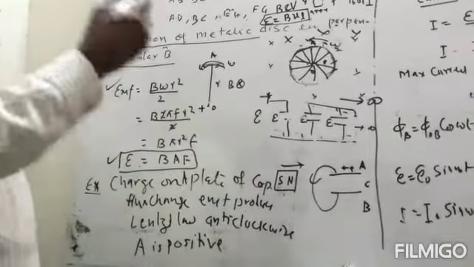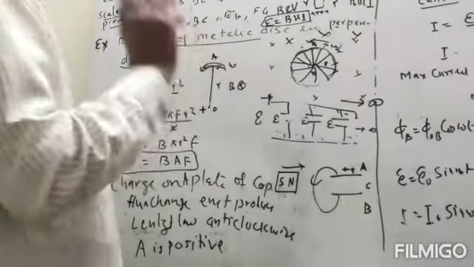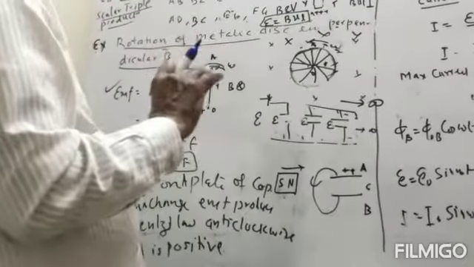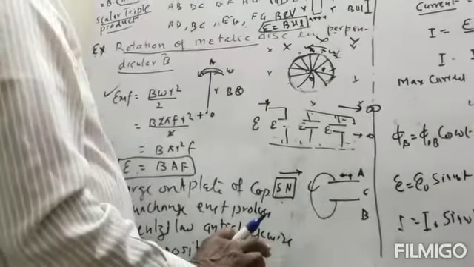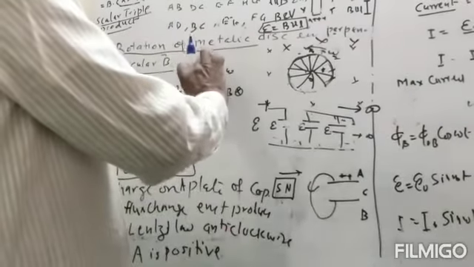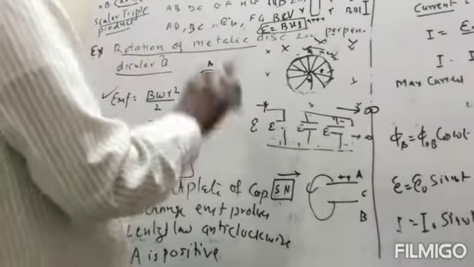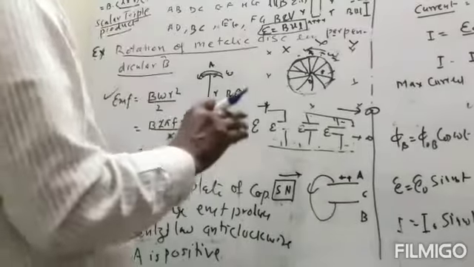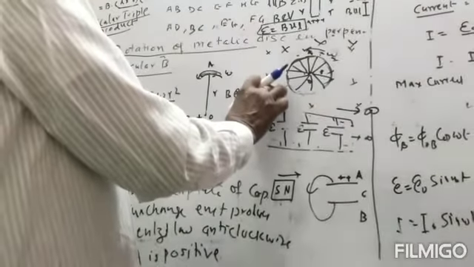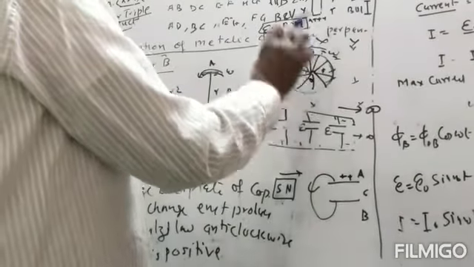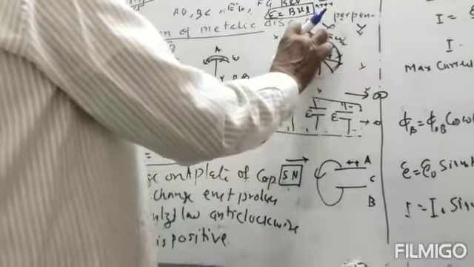So in this way, we can consider the disc as a number of wires of length L, whose length is R, and they are rotating. The EMF produced at the center will always be positive, and at the rim always negative.